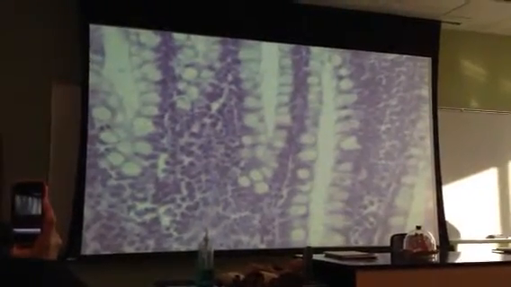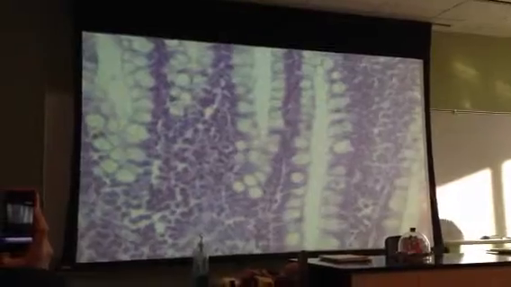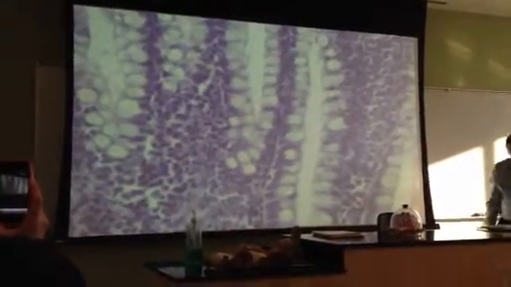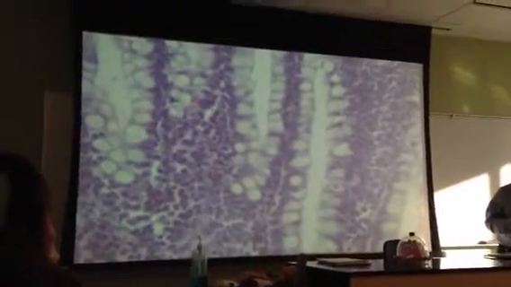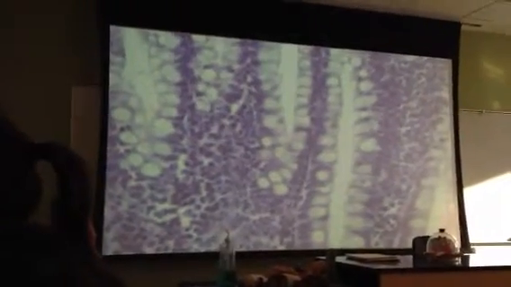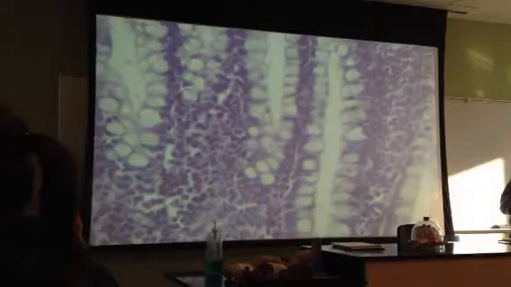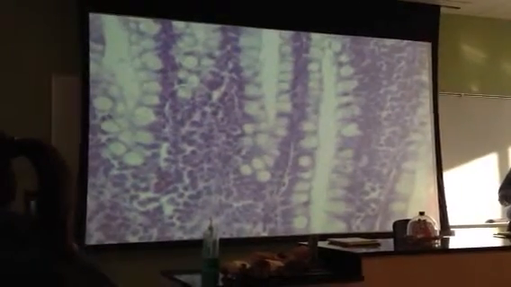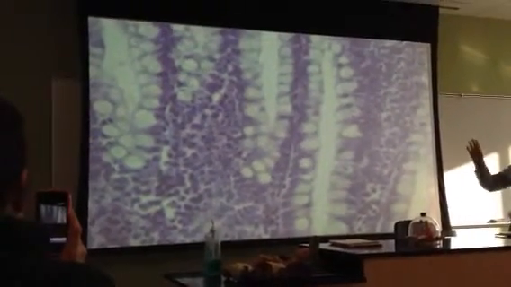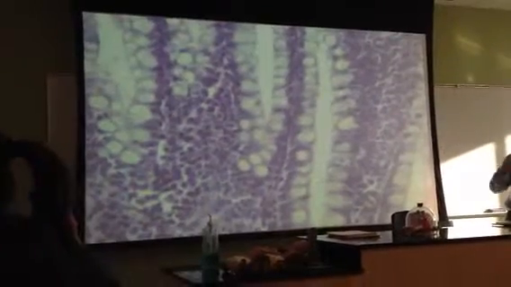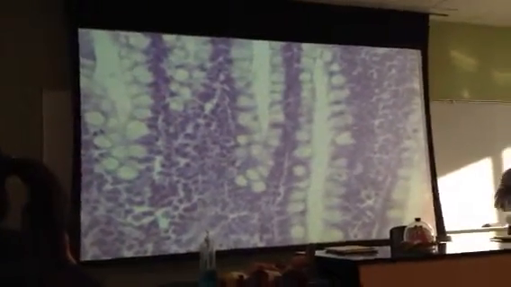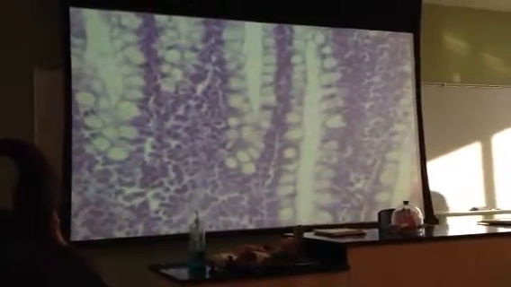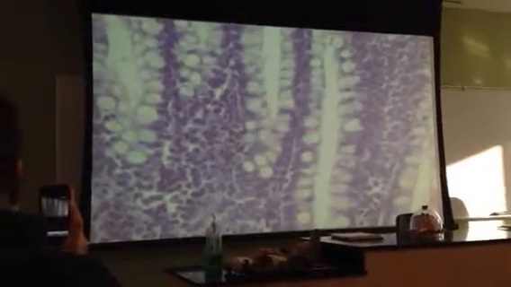So this is the most significant characteristic of large intestine. You see this, you should immediately think large intestine, because there's no other slide that even comes close to this number of goblet cells. You also have absorptive cells.